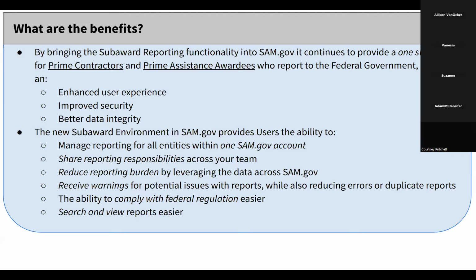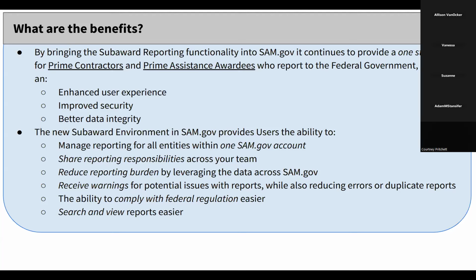So, for example, you can be sure that all of your entity data from A to Z, from the entity registration to the subaward itself to the prime award, all of that will match across the board, and you will not need to be worrying about data in one place being mismatched with the other, because we are just taking it from the authoritative source where the user entered it in the first place.